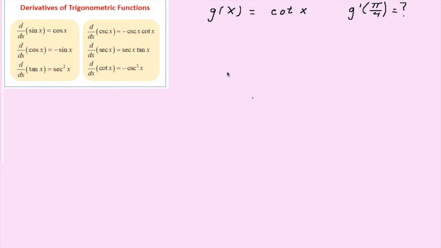Now let's do some examples where we use these derivatives of trigonometric functions. The first one says, if g of x is equal to cotangent x, what would g prime of pi over 4 be equal to? So first we'll need to find our derivative of g of x, g prime of x. We'll look at our chart and say the derivative of cotangent of x is negative cosecant squared x.